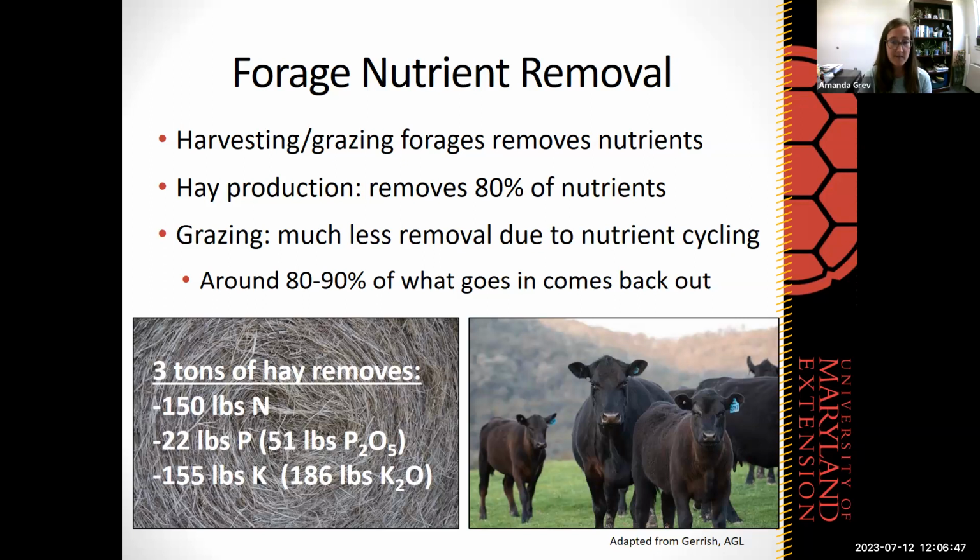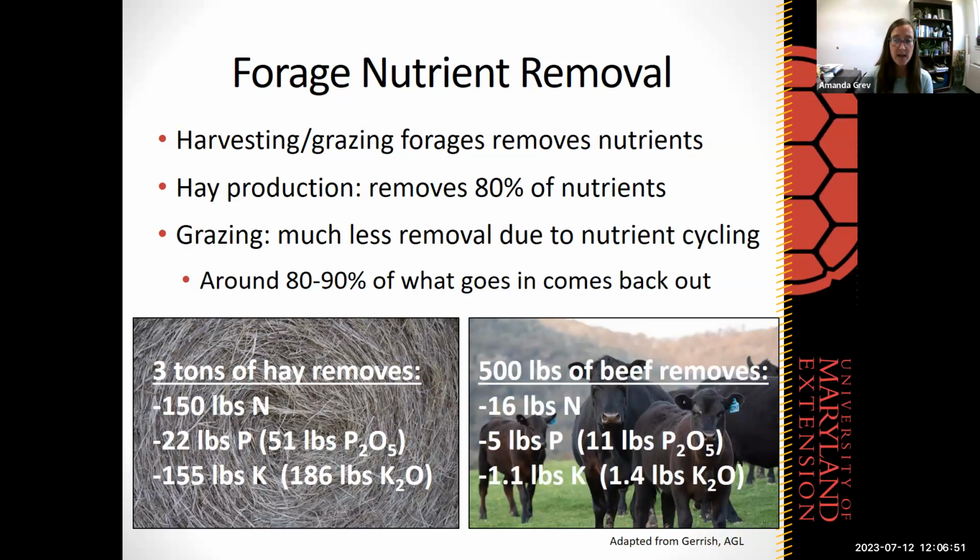If instead that same field were grazed instead of harvested for hay, and we would instead remove the beef that we produce from that field, we would only be removing around 16 pounds of N, 5 pounds of P, and a little over 1 pound of K. So you can see the big difference there in nutrient cycling between a harvested forage system versus a grazing system.